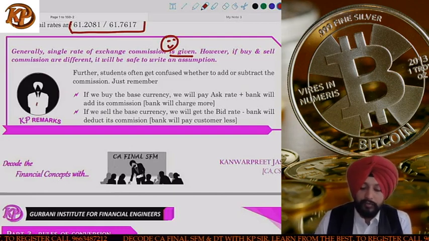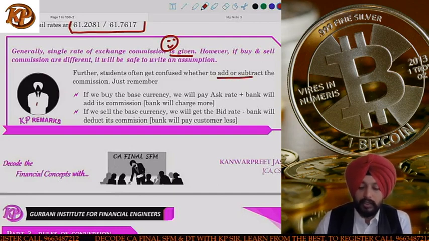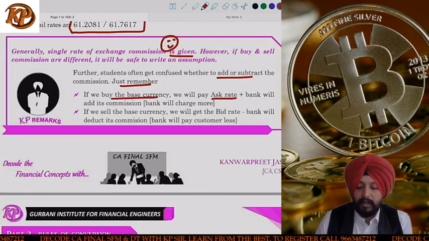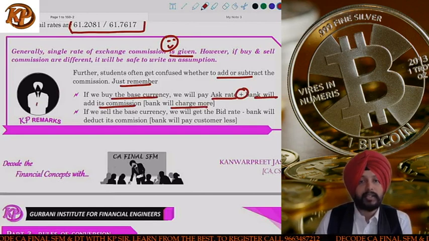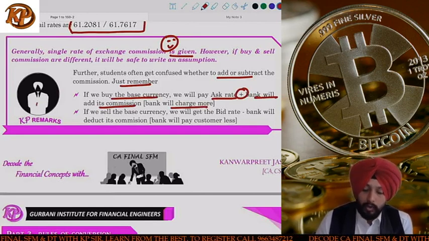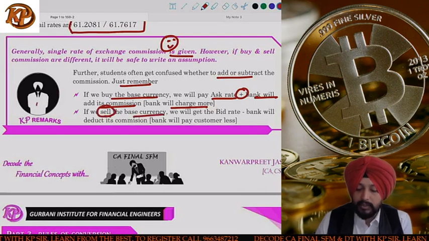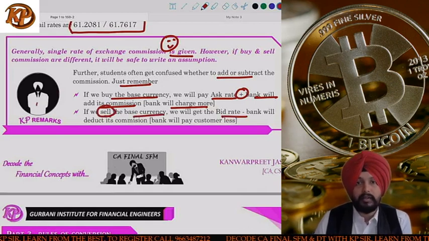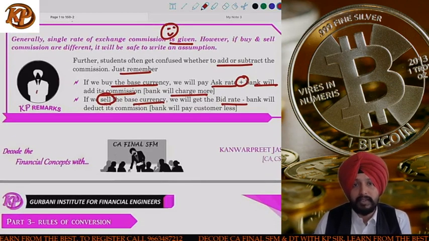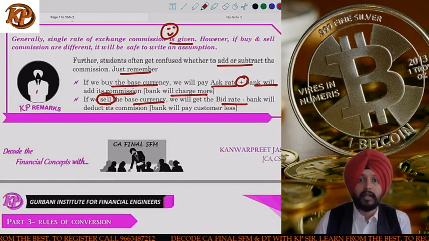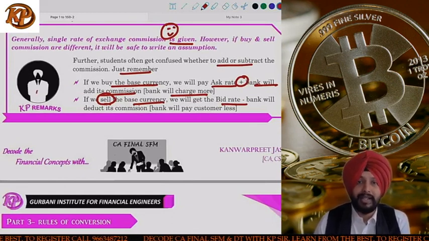Further, students often get confused whether to add or subtract the commission. Just remember, if we buy the base currency, we will pay ask rate, plus the bank will add its commission, that is, the bank will charge more. And if we are selling the base currency, we will get the bid rate minus the commission, that is, the bank will pay the customer less.